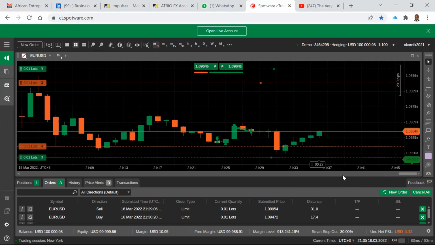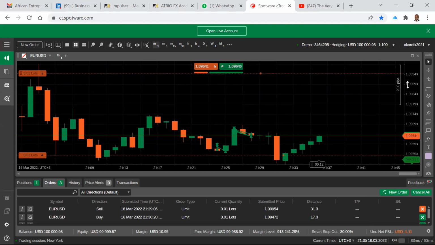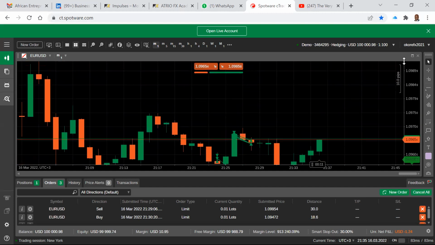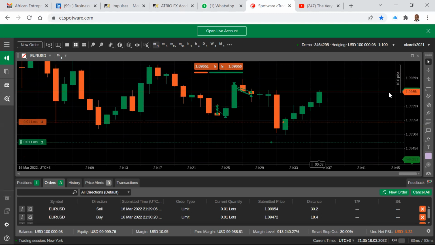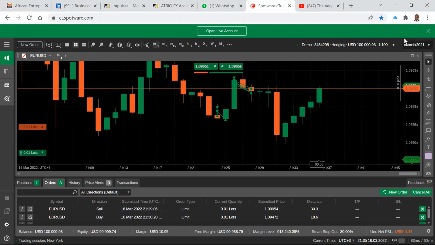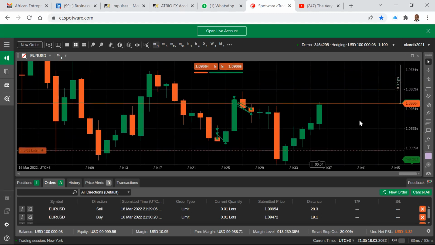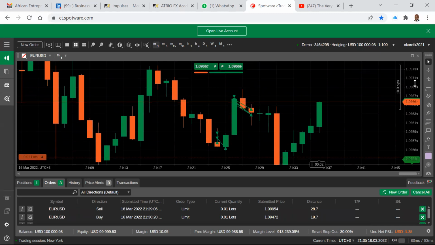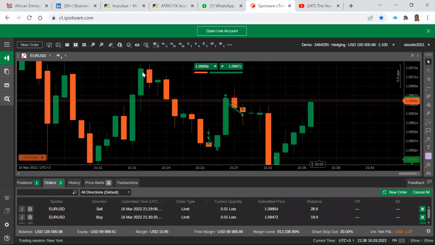I'll make this bigger. All of these candles have the same anatomy, so I'm trying to make it bigger, and then I will draw it.